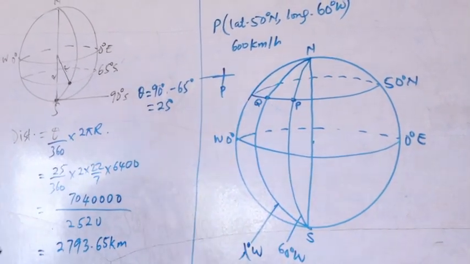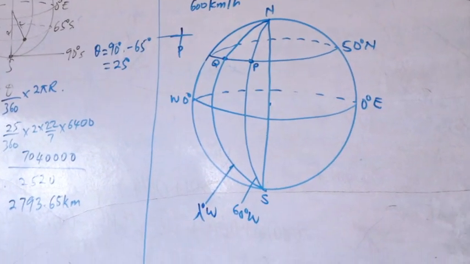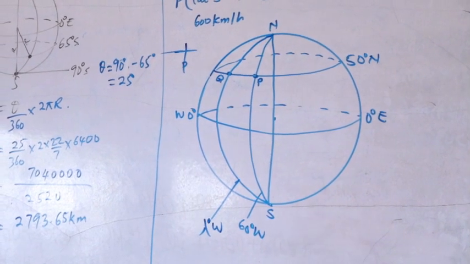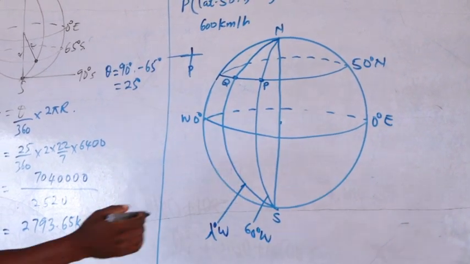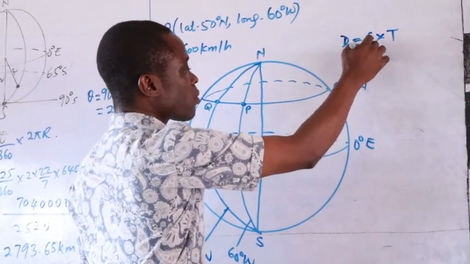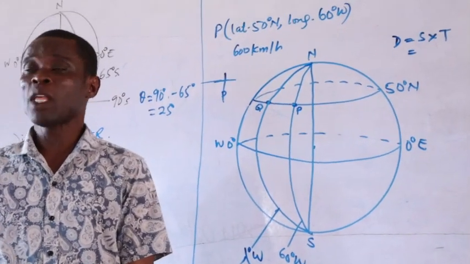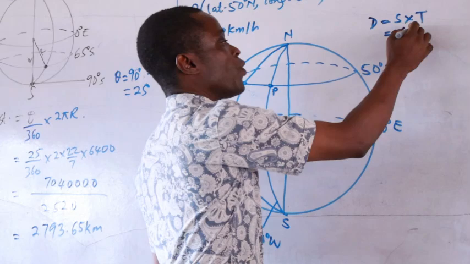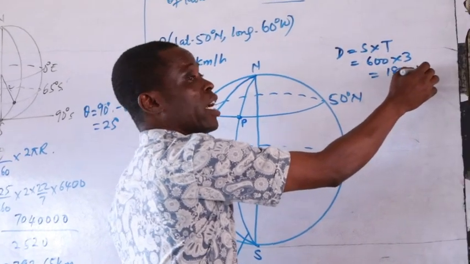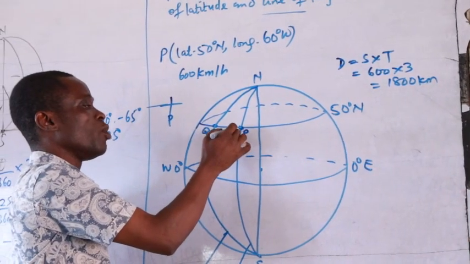The aeroplane flies for 3 hours, and the speed is 600 km per hour. Distance equals speed times time, so the distance is 600 times 3, which is 1,800 km.